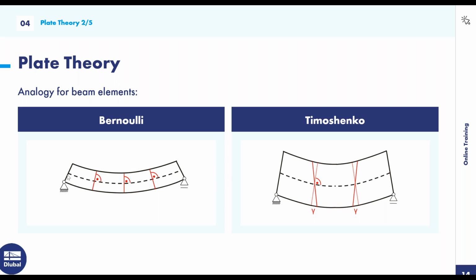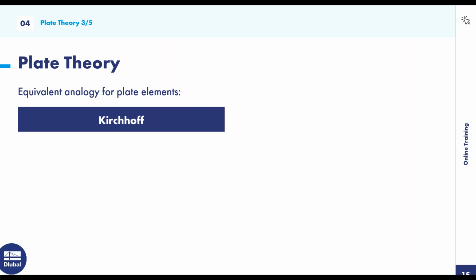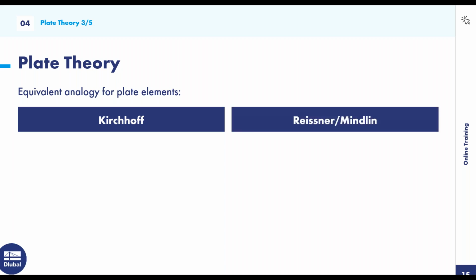Now, knowing these two theories, we can apply the same idea to our plate elements, or to plate theory. A theory similar to Bernoulli's for plates is Kirchhoff's theory, and similar to the Timoshenko theory is the Reissner-Mindlin theory.